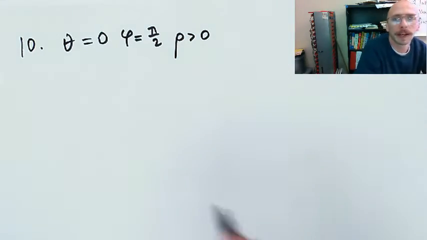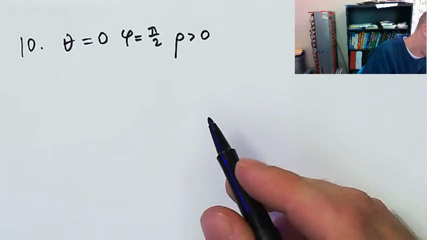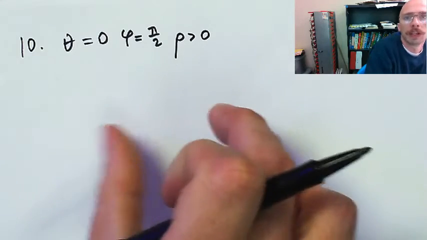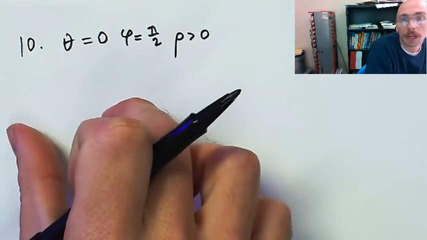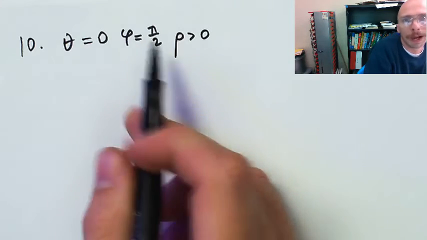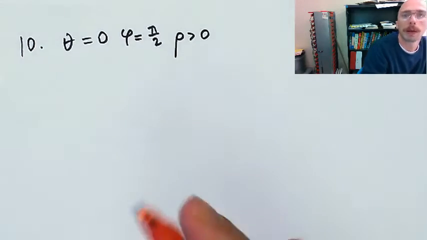okay, the question is, what are we looking at, right? So theta equals 0, that's the x-axis. When rho is positive, it's the positive x-axis, and when rho is negative, it's the negative x-axis. But how high up are we talking? Well, when phi equals pi over 2, that tells me I'm in the xy plane.